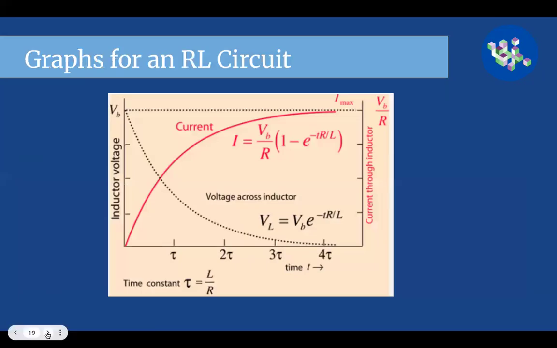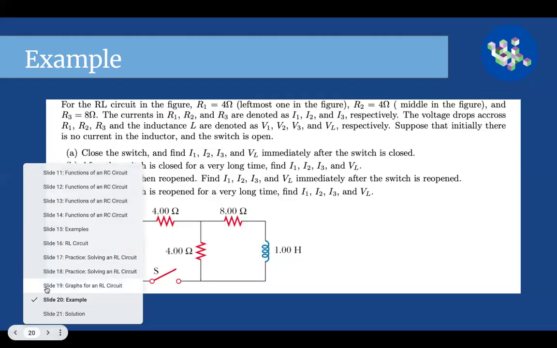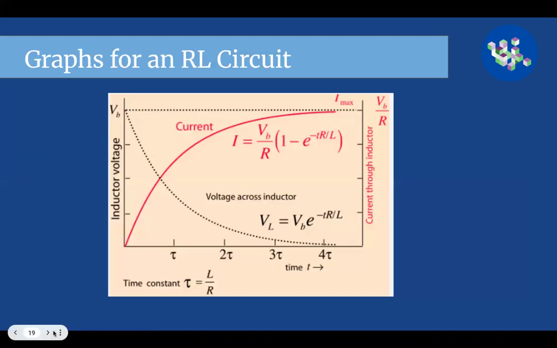Yeah. So this is just the graphs I was talking about. This is voltage as a function of time. And one more important thing is that if you remember for the RC circuit, we defined tau as RC, and for this, we're going to define tau as L over R, because when you put that in, you can write your I(t) and V(t) in terms of t over tau.